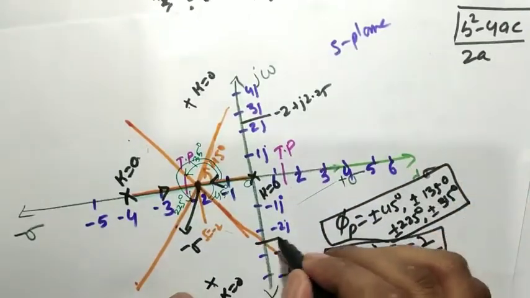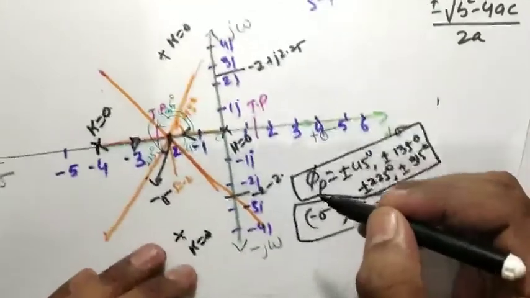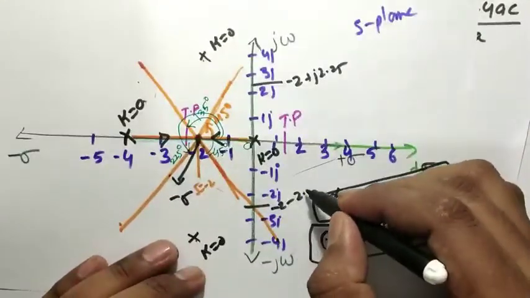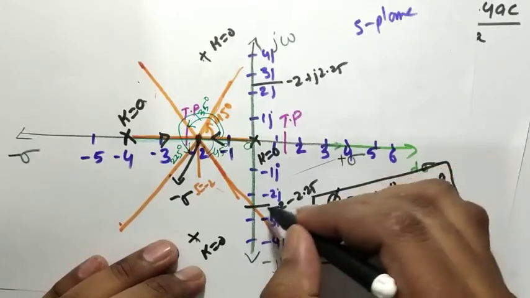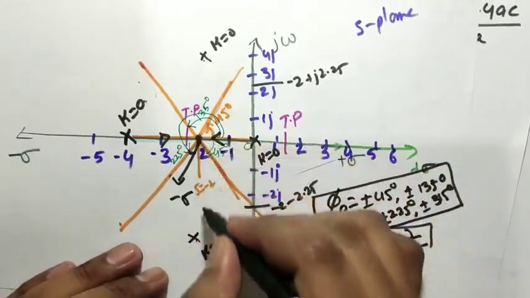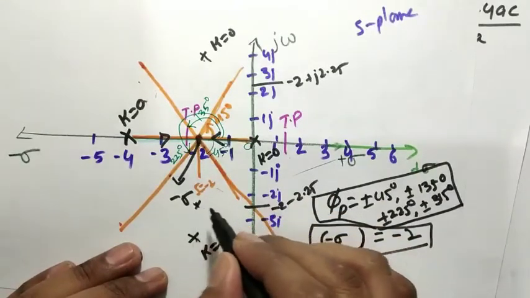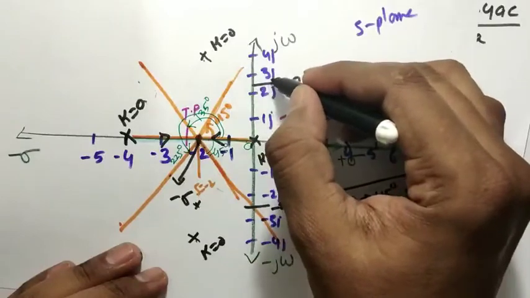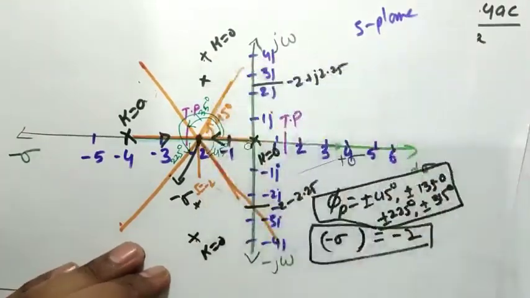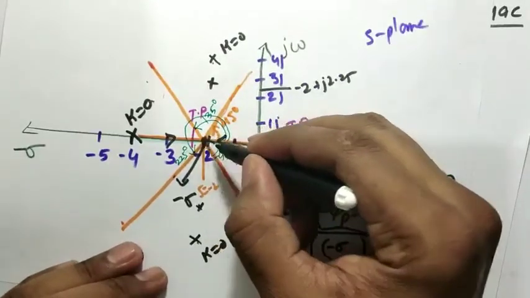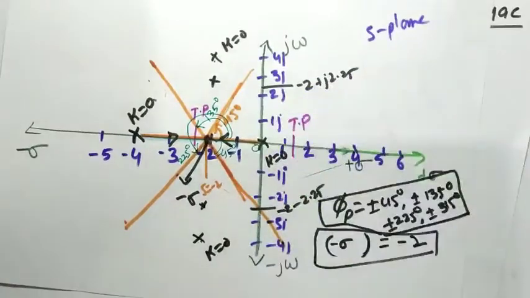Another one I am going to take here, minus 2 minus j2.25, right? If we just draw here minus 2, here is one breakaway point, and here also one breakaway point. So there are 3 breakaway points: here is one, here is one, here is one.